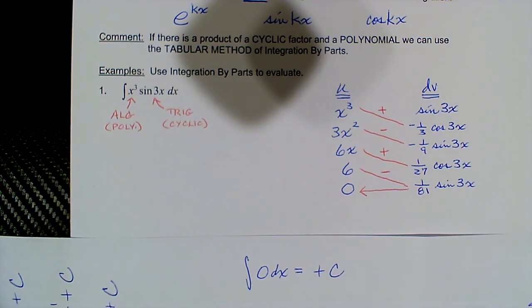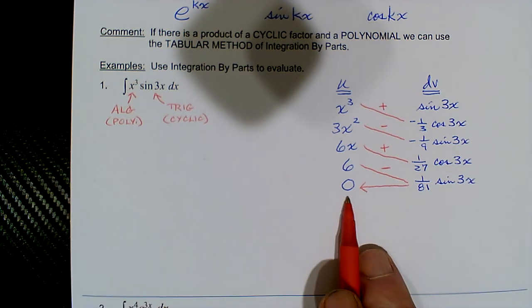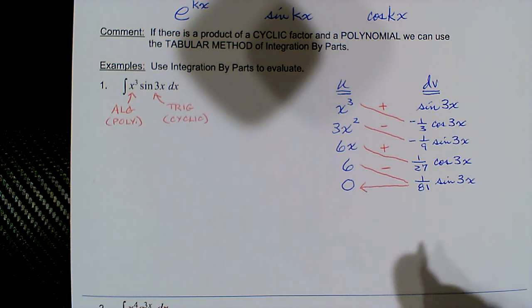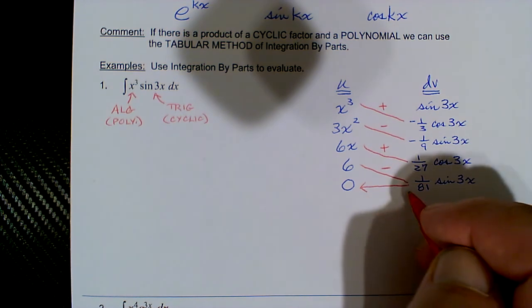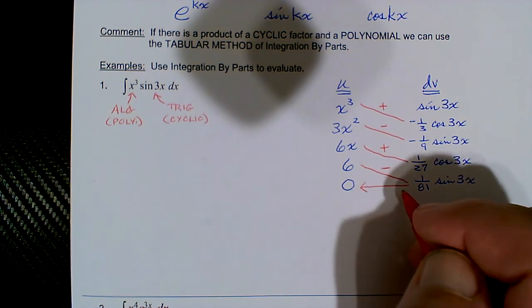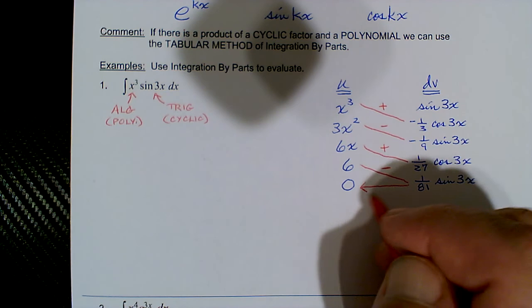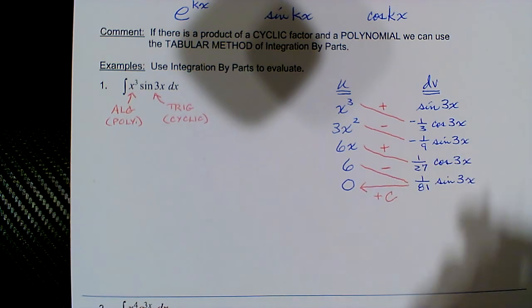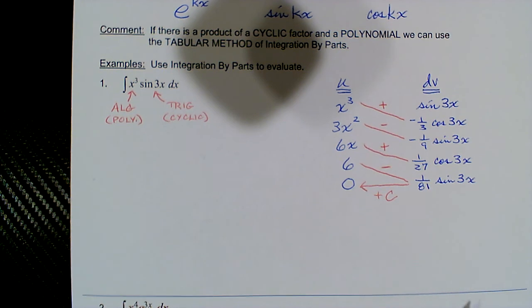And so therefore, if and only if the final entry in the u column is a 0, we can call the integral of the horizontal product our constant of integration. Okay? But that's only if the final entry in the u column is a 0.